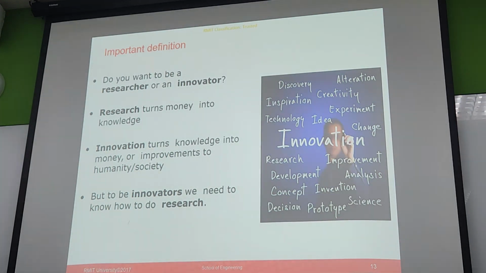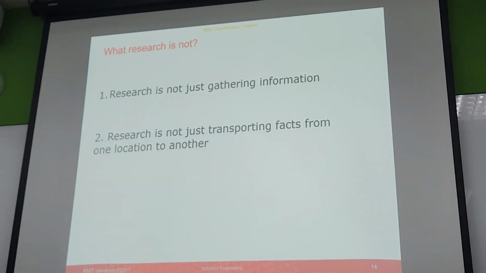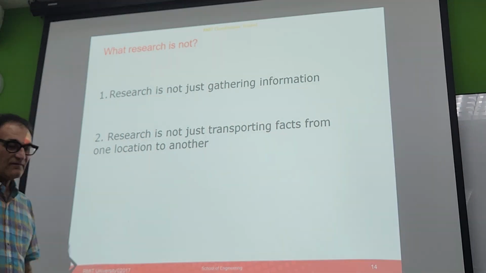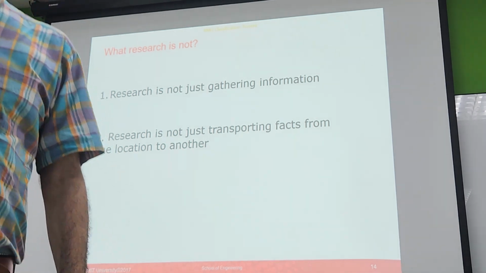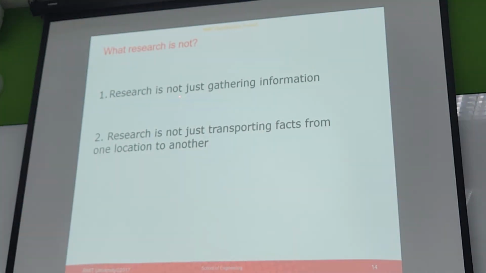So, to be an inventor, we need to know how to research. This is very important. Research is not just gathering information. You say, I found some information from somewhere and this is research. No, it's not research. Research is not just transporting facts from one location to another. I say, I found something from Singapore and this is research. No.